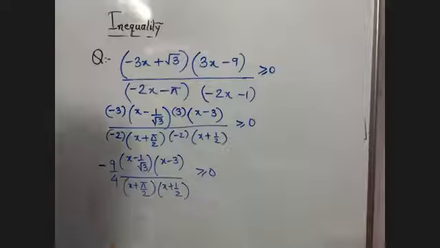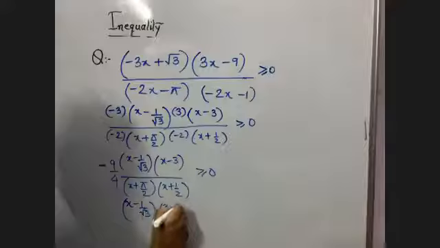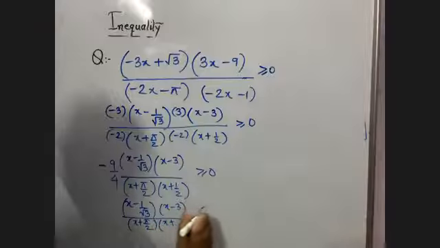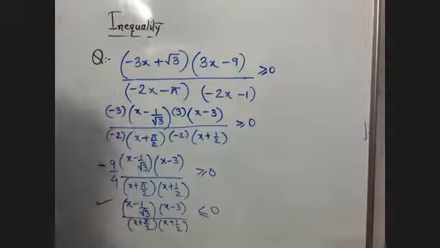So I'm writing (x minus 1 by root 3) into (x minus 3) upon (x plus pi by 2) into (x plus half) less than or equal to 0. Now I need to solve this.